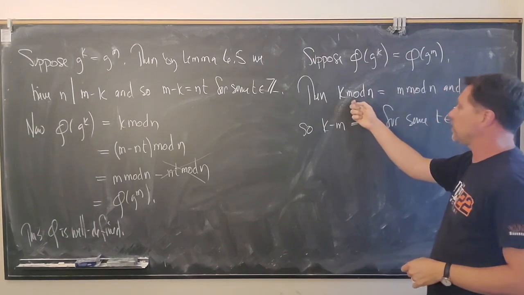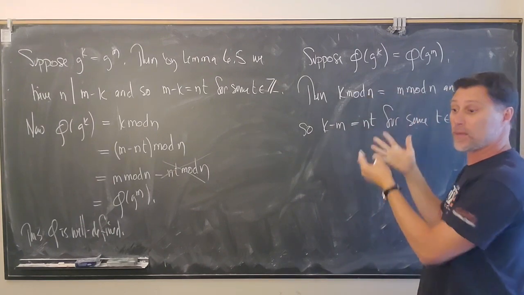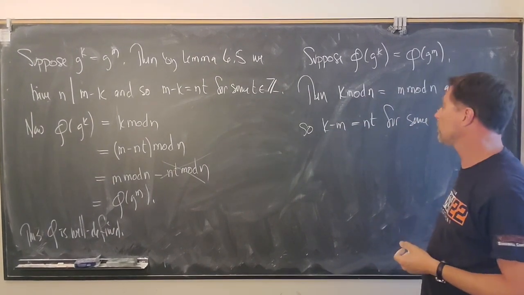That's what you get when two things reduced mod n are equal: their difference is a multiple of n.